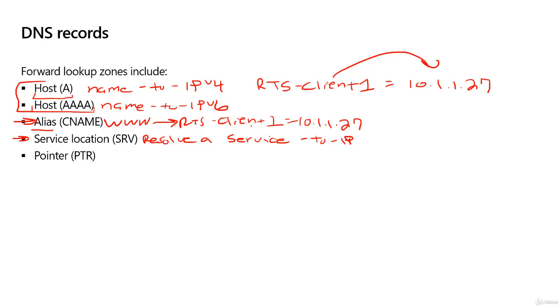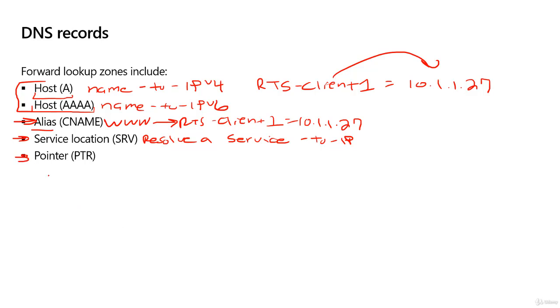Well, the way that process works, you send a query to DNS saying, I'm trying to log on and I need to use this Kerberos authentication service. DNS, can you tell me who hosts this Kerberos authentication? That's a service request because you don't know the name of a domain controller. You just know the type of service that you need to access. DNS is going to have a record for the Kerberos service. It's going to look at that record, get the IP address, send it back to you.